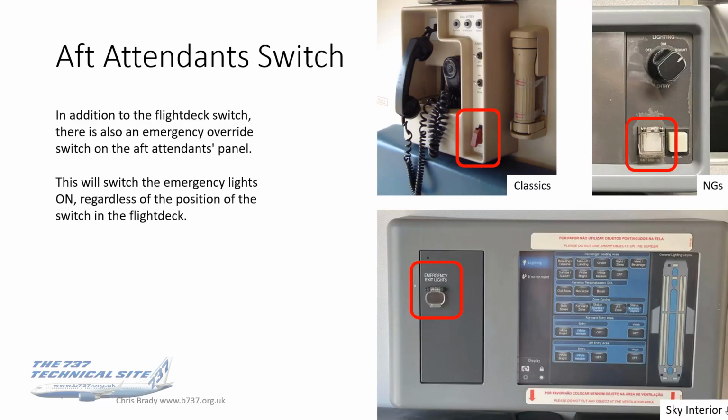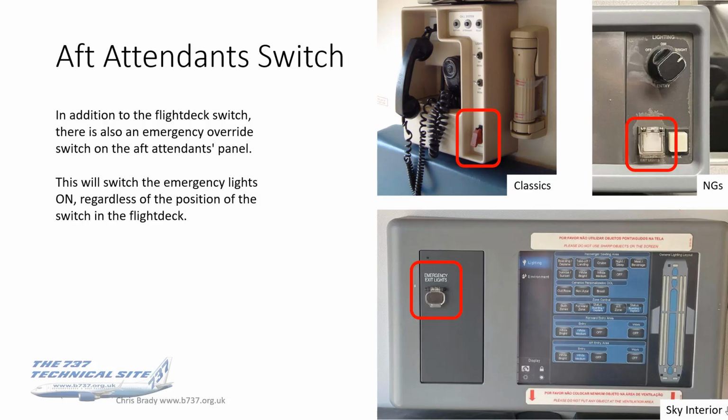Now, in addition to the flight deck switch, which is really the only one we've spoken about at the moment for emergency exit lights, again, for some of you this might be news, but there is an emergency override switch on the aft attendant panel, and this will switch the emergency exit lights on regardless of the position of the switch in the flight deck.